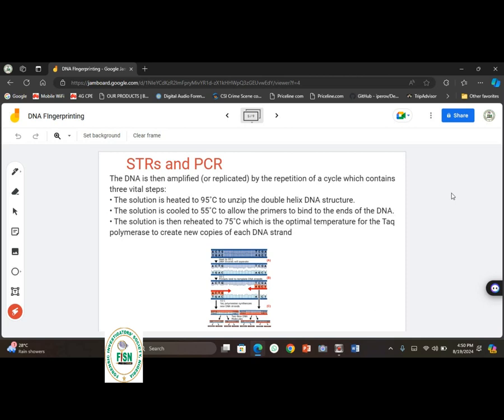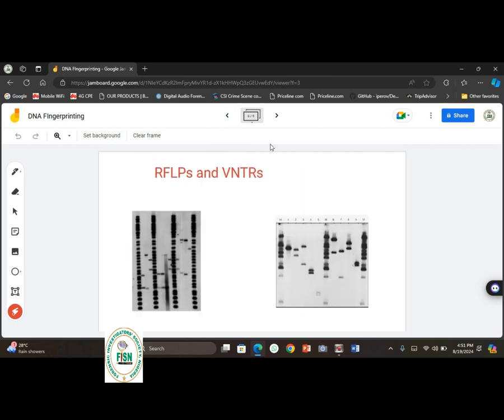Then the DNA is amplified, or replicated, or copied, by the repetition of a cycle, which contains 3 vital steps. The steps are: the solution is heated to 95 degrees centigrade to unseal the double helix DNA structure.